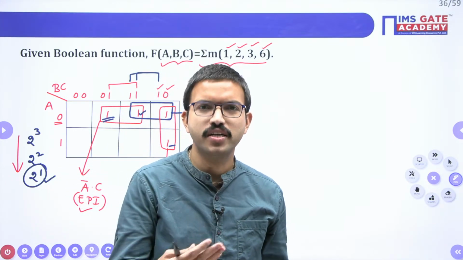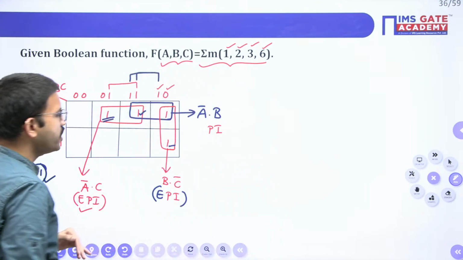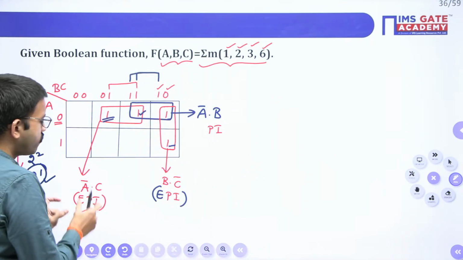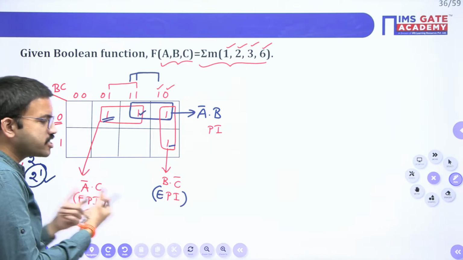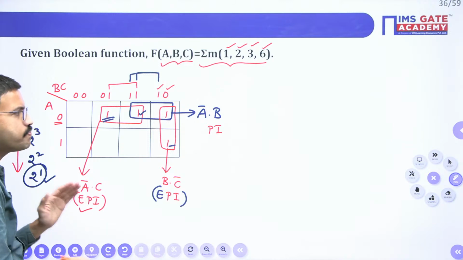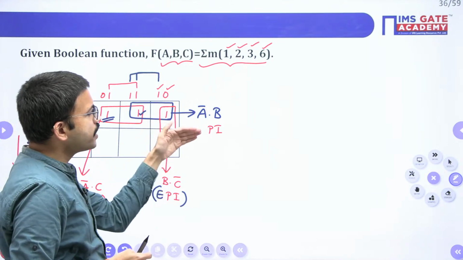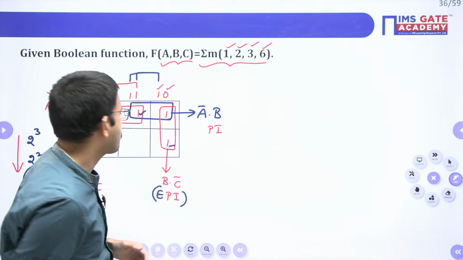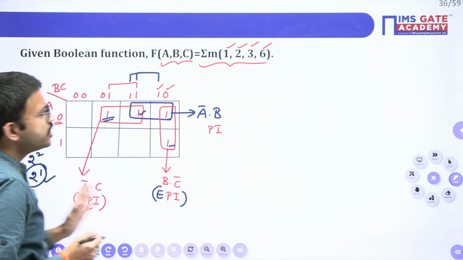Then obviously he has passed, qualified. The moment anyone says he got distinction or first class, by default he has passed. In the same way, whenever you say one particular product term is an essential prime implicant, by default it is a prime implicant. That means all essential prime implicants are by default prime implicants, but all prime implicants need not always be essential.